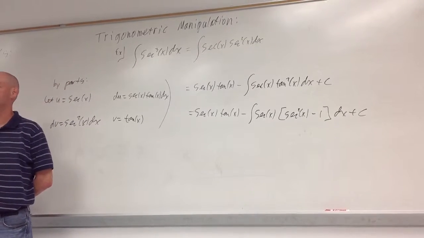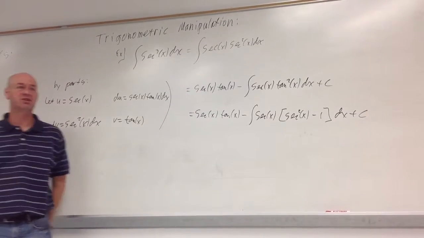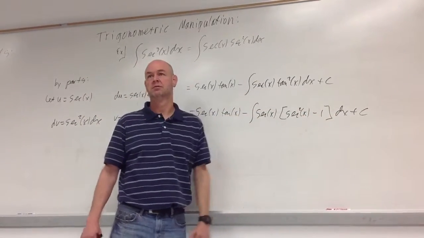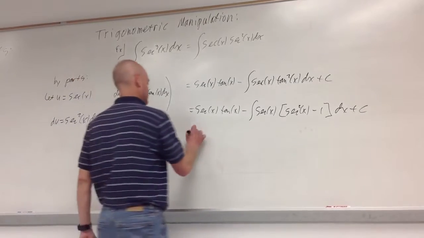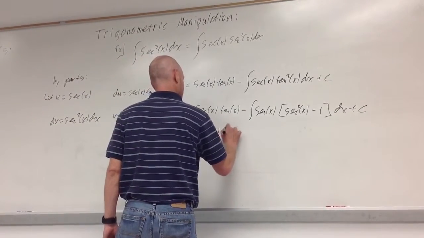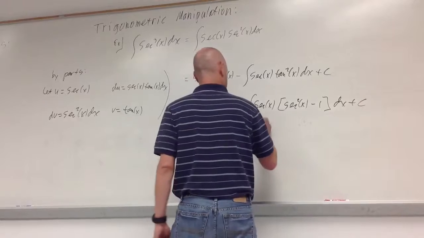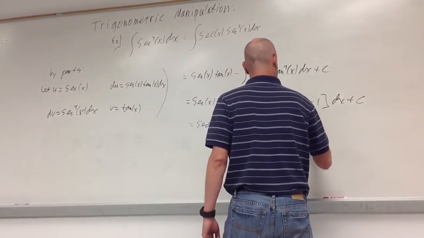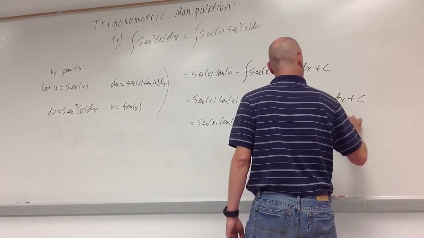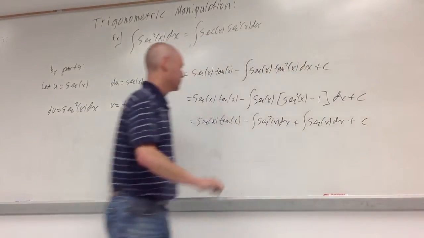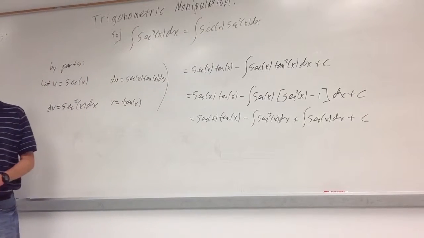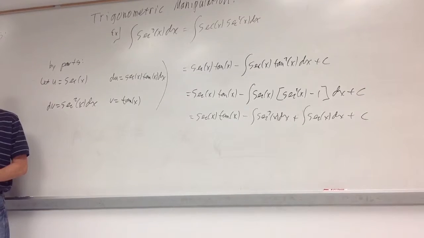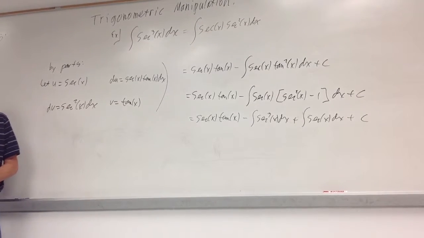Any questions so far? This is just a trig identity. Tangent squared x is going to be secant squared x minus 1. I just broke it into two separate integrals.